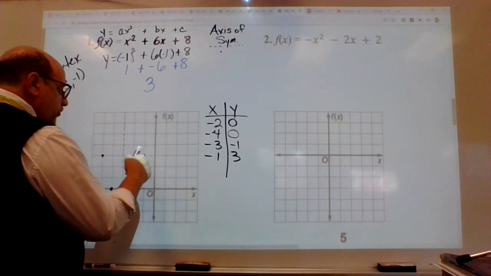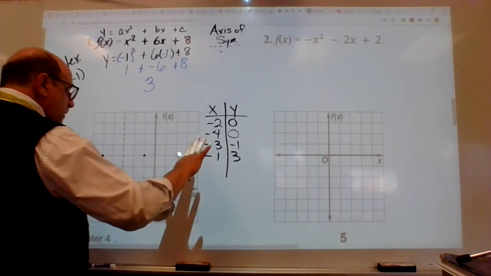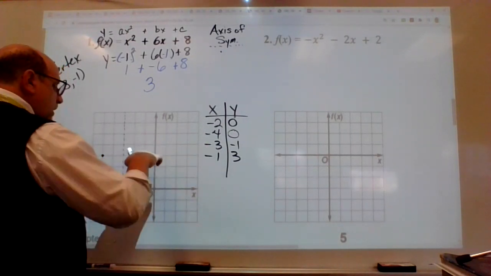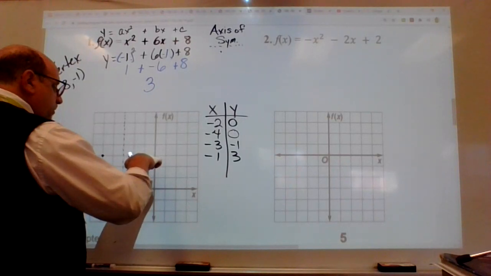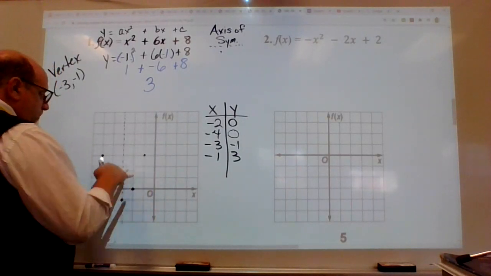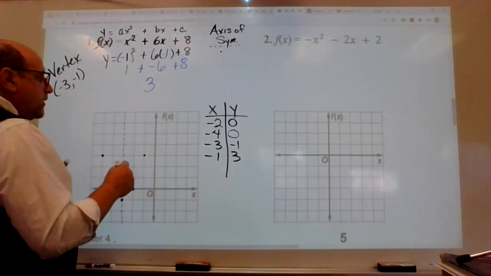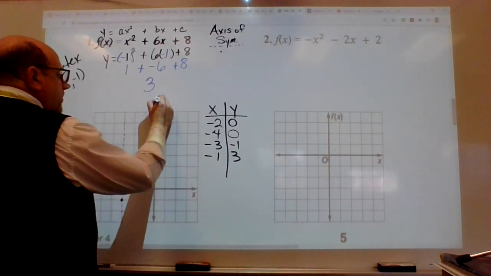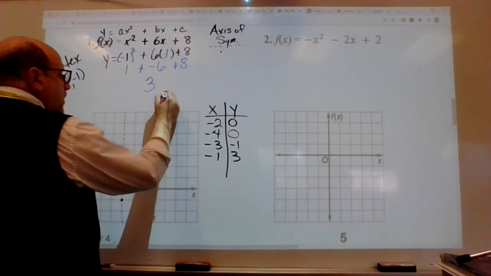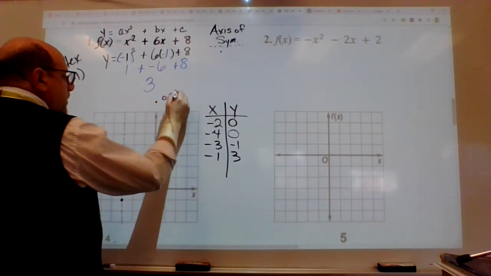So it's 2 spaces to the right of the axis of symmetry and up here at 3 on the y-axis, and we've just moved over 2 spaces from the axis of symmetry and done the same thing. And remember, we still have this y-intercept point of 0, 8.